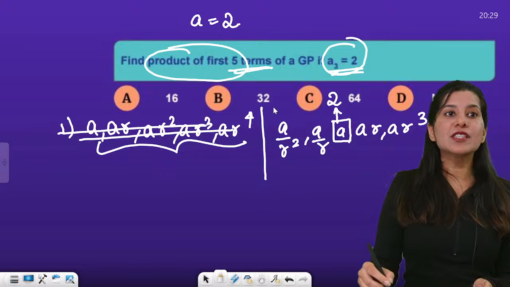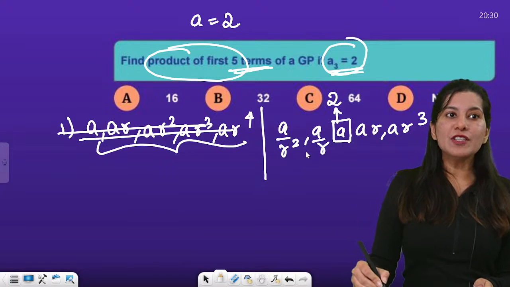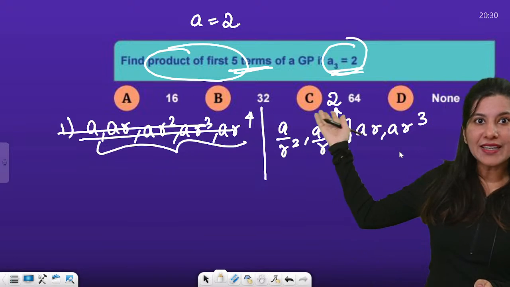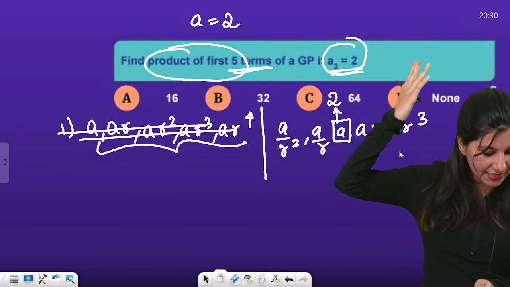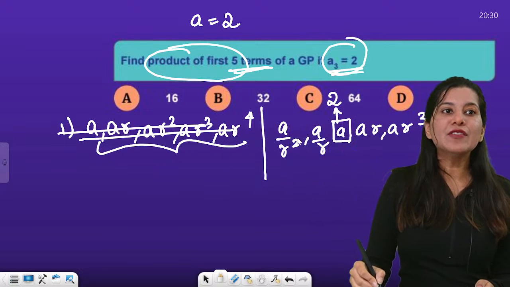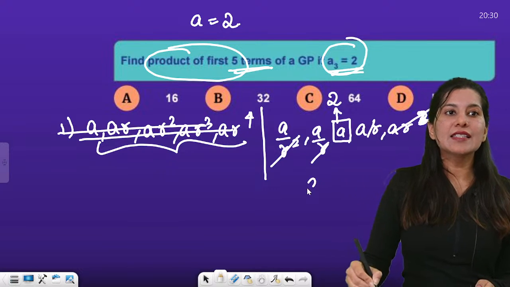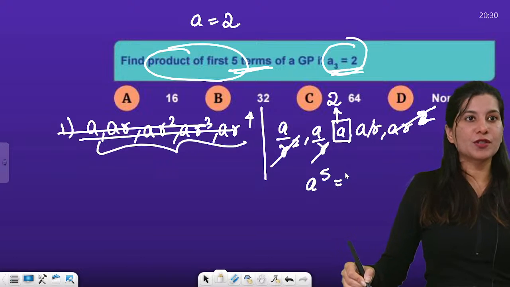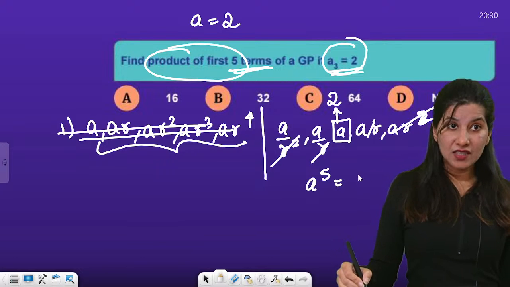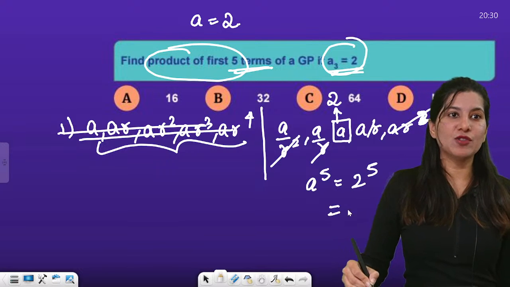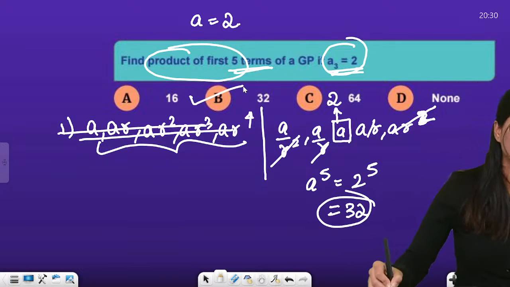Understand? We need to multiply these. So how will we do that? R square with R square cancels, R with R cancels. So A raised to power 5 will be the product of all 5 terms, and that would be 2 raised to power 5. So 32, option B is absolutely right.